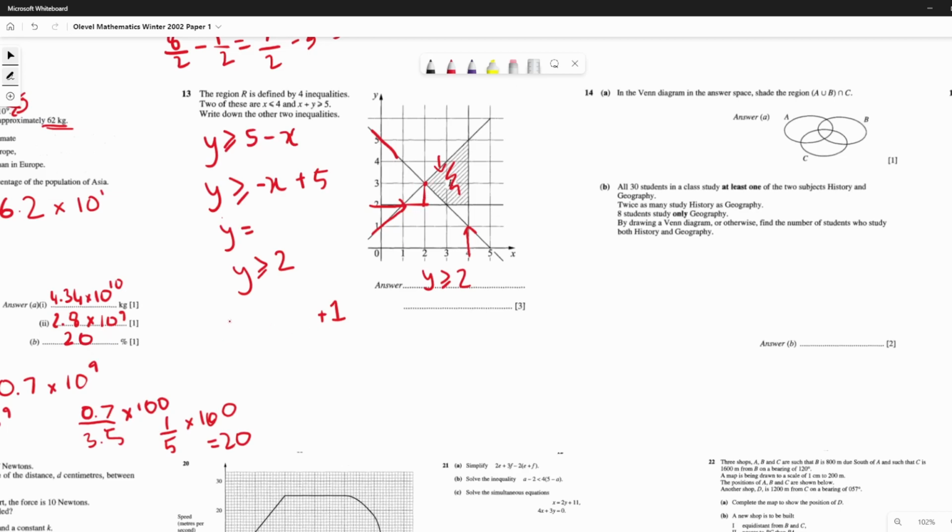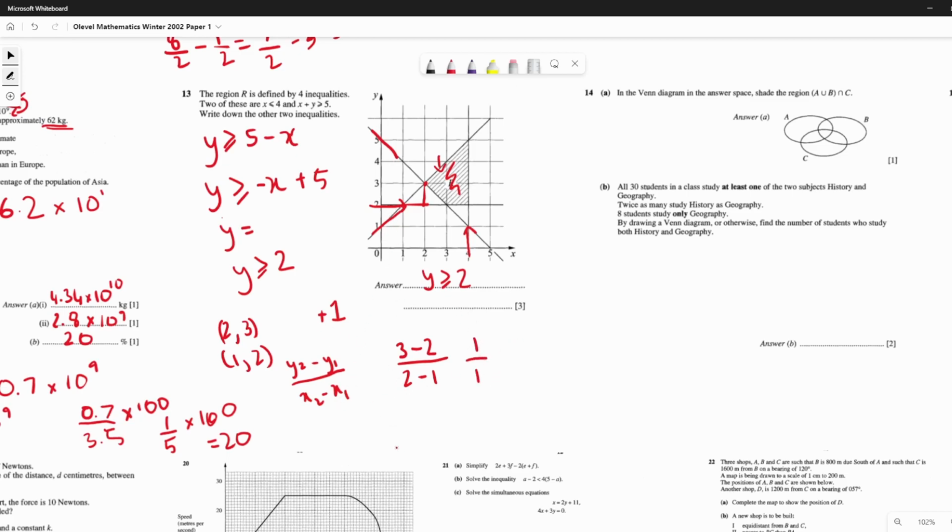So to get a gradient, what we do is we get 2 points, so let's get this point, which is 2 and 3, and this point, which is 1 and 2. And now we do y2 minus y1 over x2 minus x1, which would be 3 minus 2 over 2 minus 1. 3 minus 2 is 1, and this is 1, so our gradient is 1.